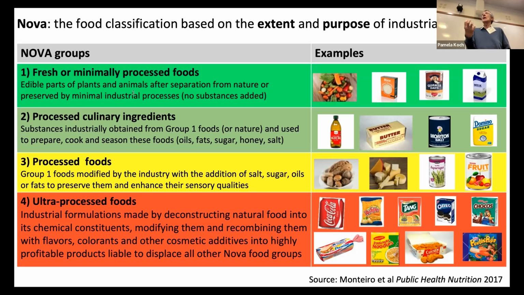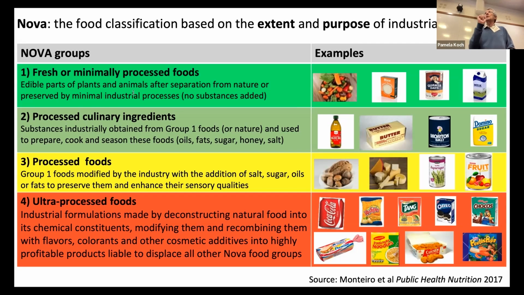They are not attractive. So that's why a key ingredient in ultra-processed foods is cosmetic additives. You don't have an ultra-processed food without flavors, colorants, emulsifiers, and the other additives that are used to give these products an appearance similar to what you find in whole foods, in culinary preparations.